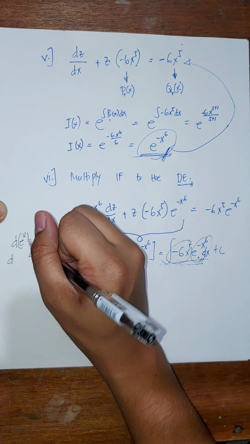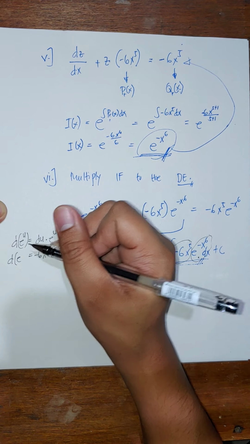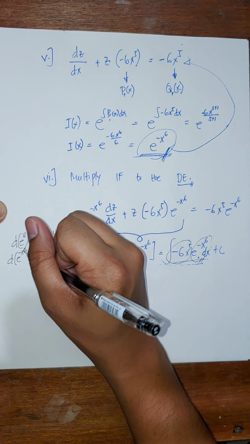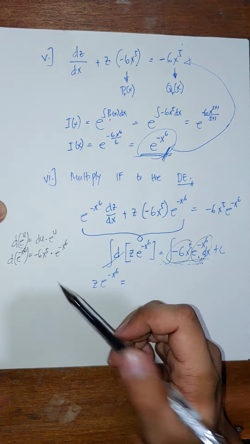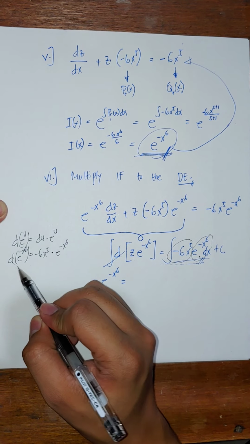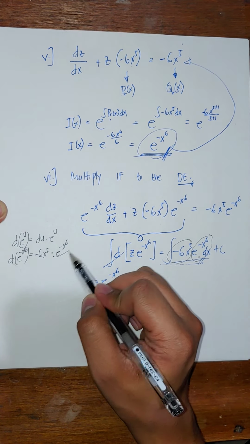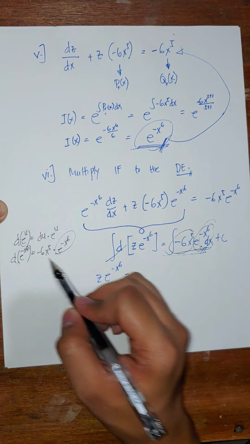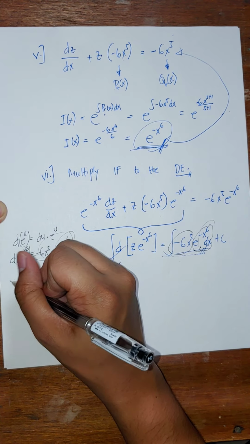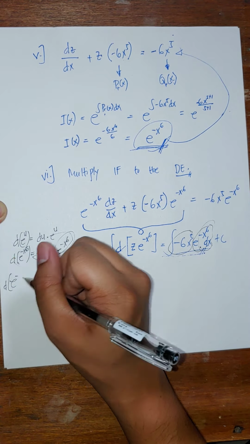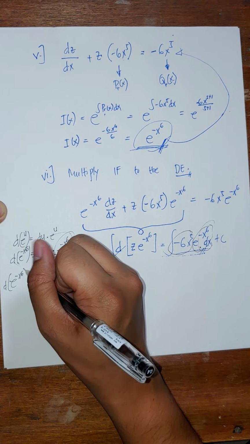So possibly it is the derivative of e to the negative x to the 6th power.